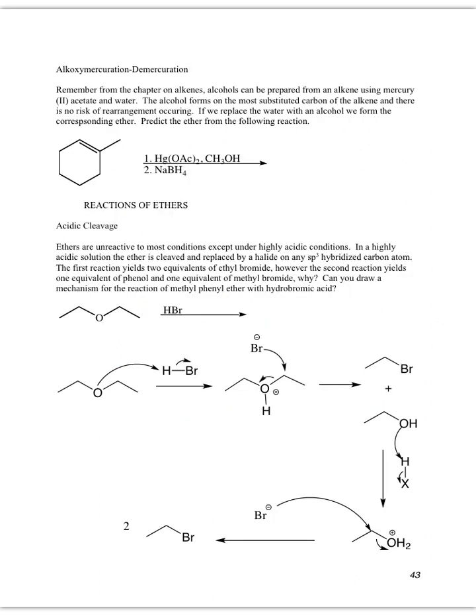So what kind of reactions have we already learned? Okay, back in Org 1, Chapters 7 and 8, the additions to alkenes, we had mercury acetate and water, and we formed an alcohol.